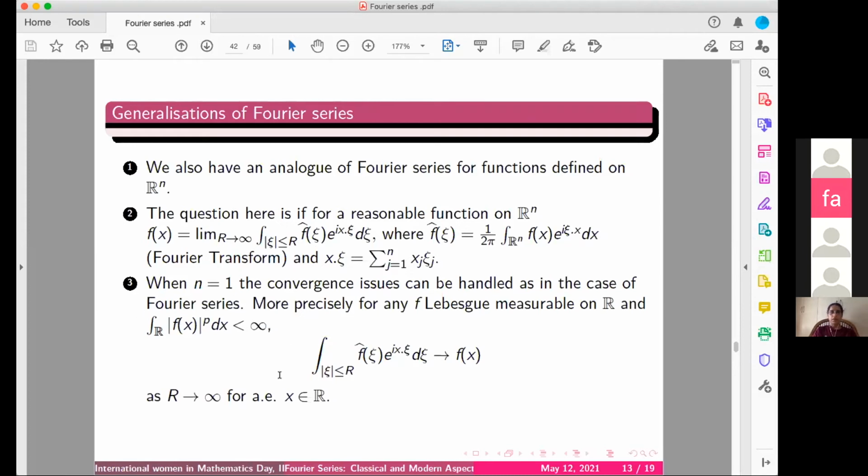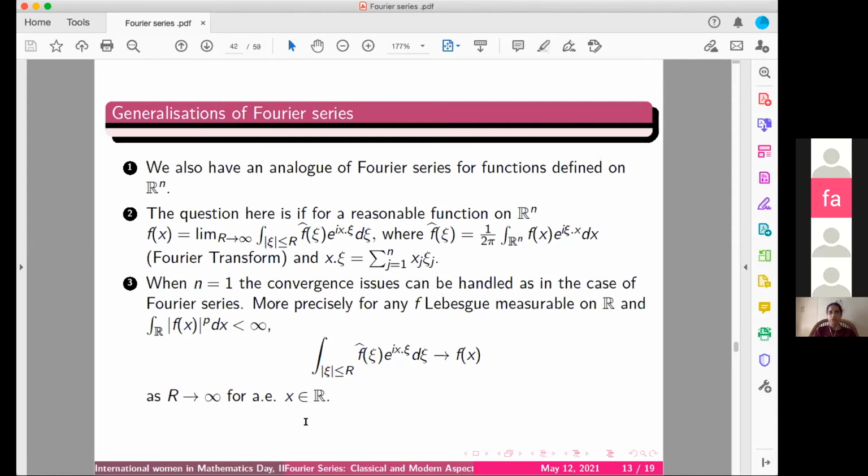And so, in fact, on R, the result is this, that if f is a Lebesgue measurable function such that this integral of mod f of x to the p dx is finite, then these partial sums converge to f almost everywhere as r goes to infinity. Again, almost everywhere is enough for us when we are just integrating functions.